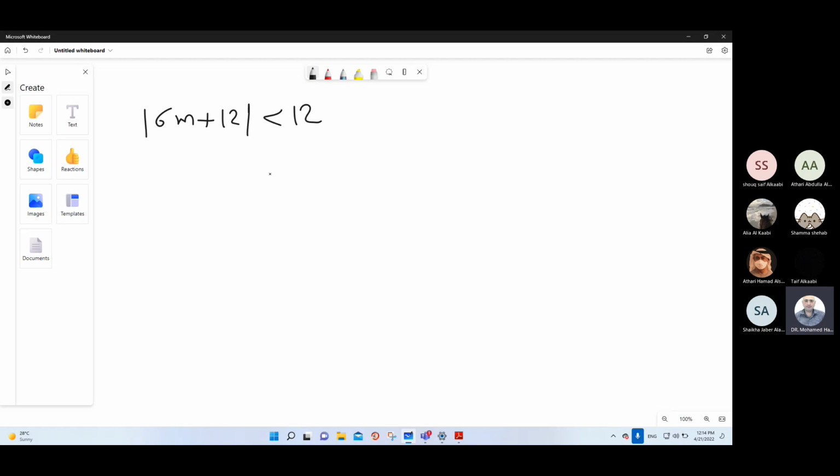How to solve this inequality? As you see, we have absolute value and we have the sign less than. So here we have two cases.